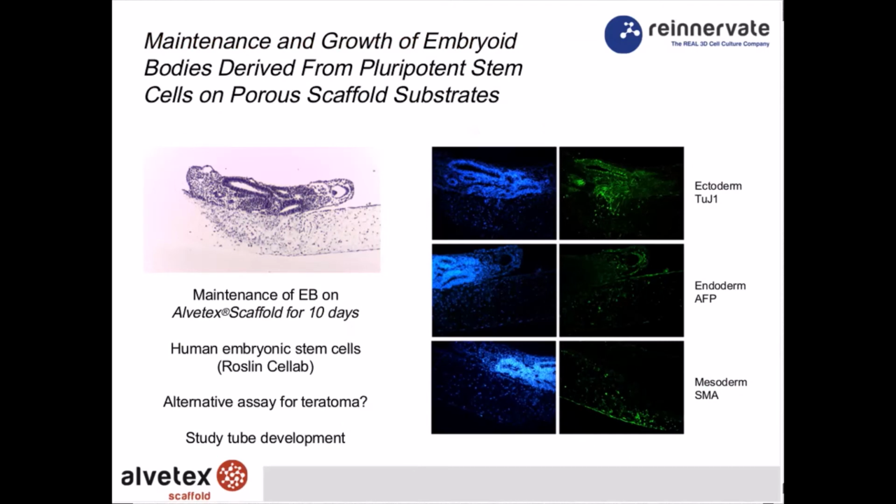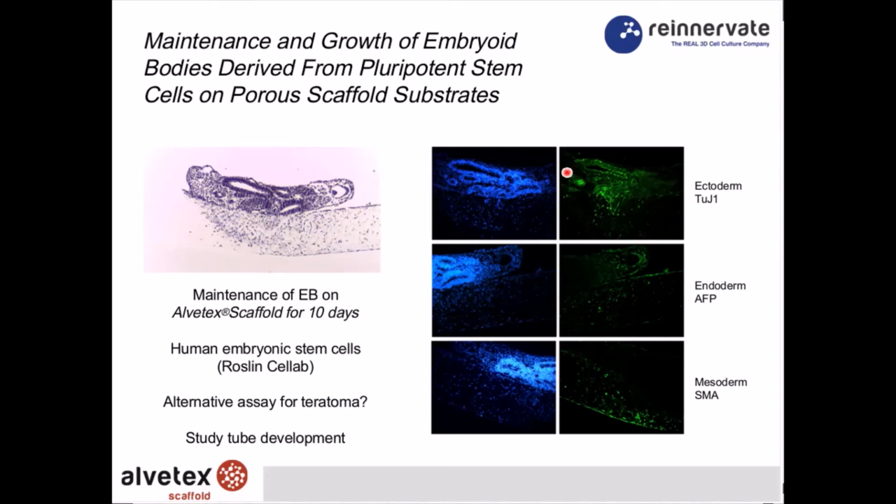This actually is an embryoid body, so it's a structure which is derived from stem cells and then maintained on the surface of the Alvetex for a longer period of time than one would normally be possible. And we can see neural ectodermal differentiation here in this structure.